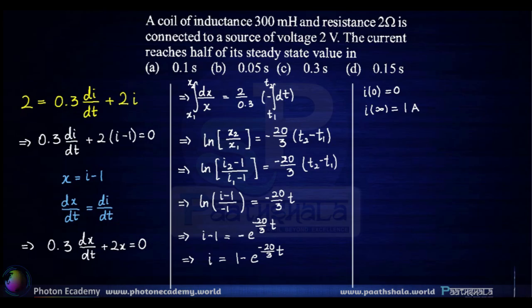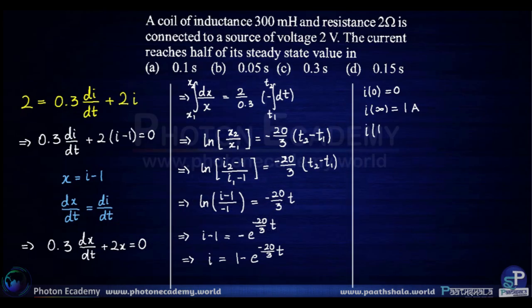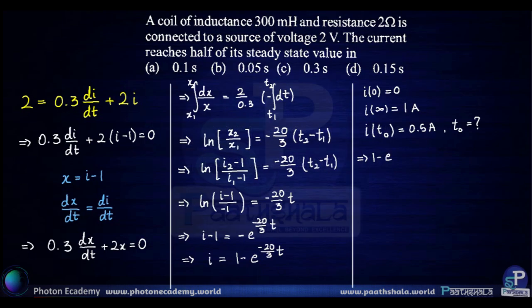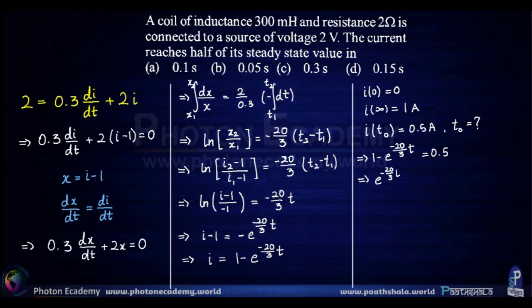And we have to find out at what time, let's say t0, the current is equal to 0.5 ampere. So what is t0? According to the expression, we have 1 minus e to the power minus 20 by 3 t is equal to 0.5, or e to the power minus 20 by 3 t0 is equal to 1 by 2.